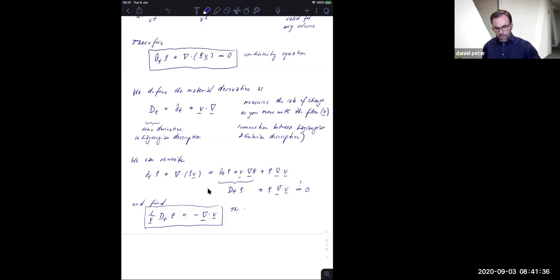Again, the rate of change of density is equal to the opposite of the divergence of the velocity field. Good.